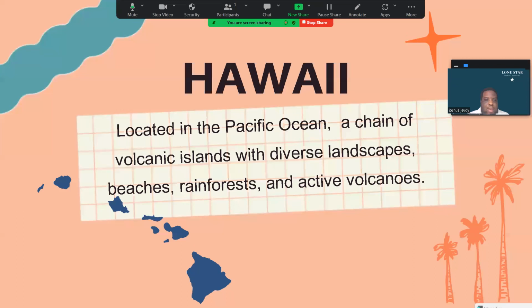Then if we're looking down in the Pacific, we go to a nice tropical place, the 50th state of the United States. We got a nice tropical region of Hawaii. Hawaii is made up of multiple islands. Those islands are volcanic, so they're made from volcanic eruptions in the Pacific Ocean.